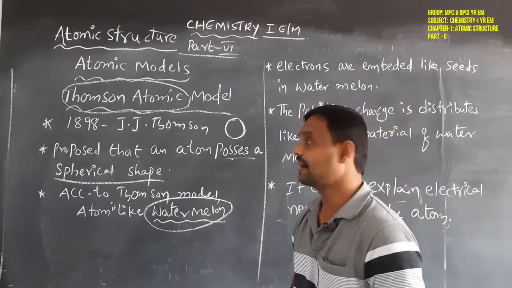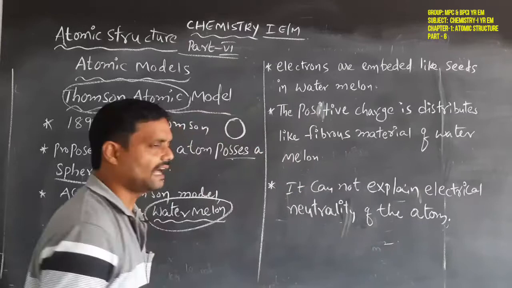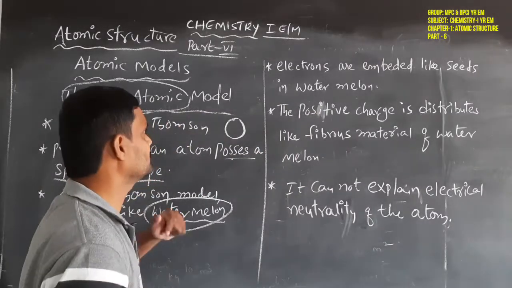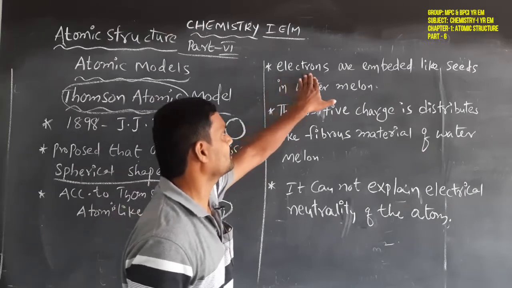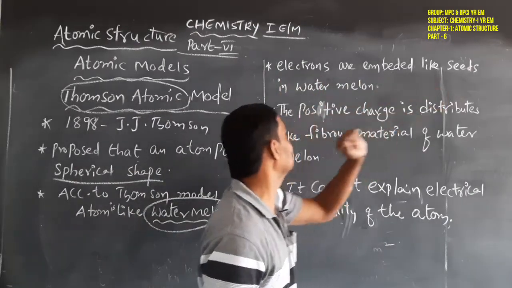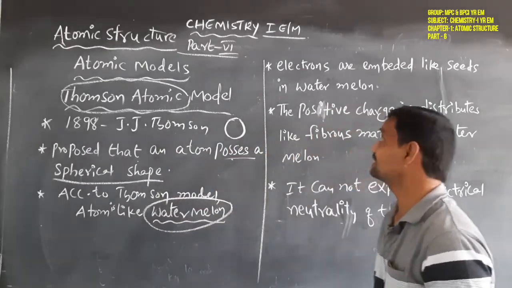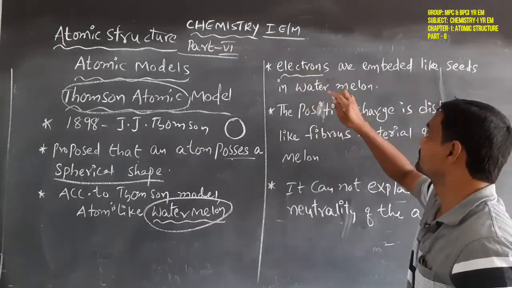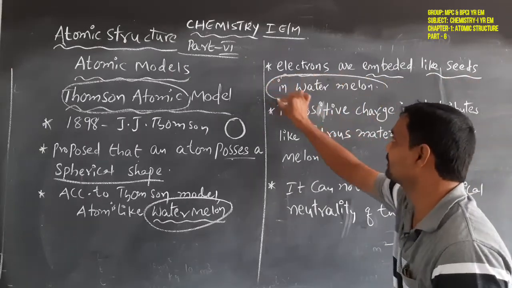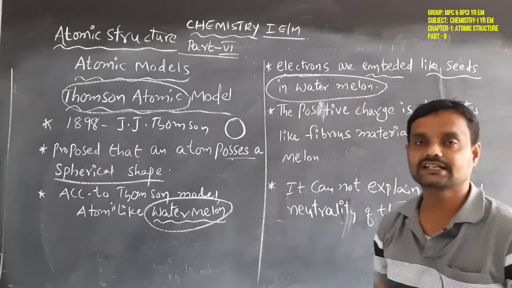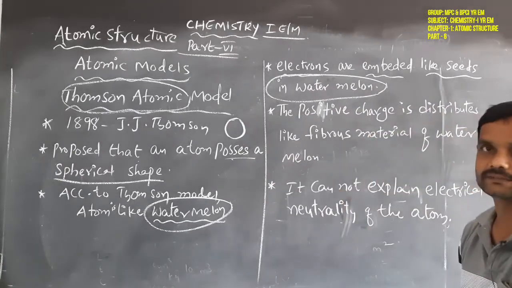Another assumption of the Thomson atomic model is that in the watermelon, the electrons are embedded like seeds in a watermelon. What did he say? The electrons are embedded like seeds in a watermelon.